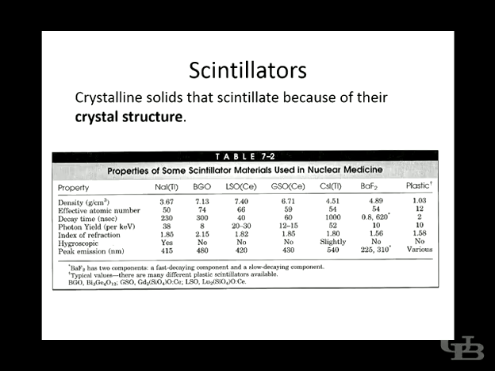And there are different types of scintillators because that's a crucial part for your detector. If you talk about an imaging system, like a $1.5 million system, the scintillator can be like half of the price. The cost of the material for the scintillator may be half the price.